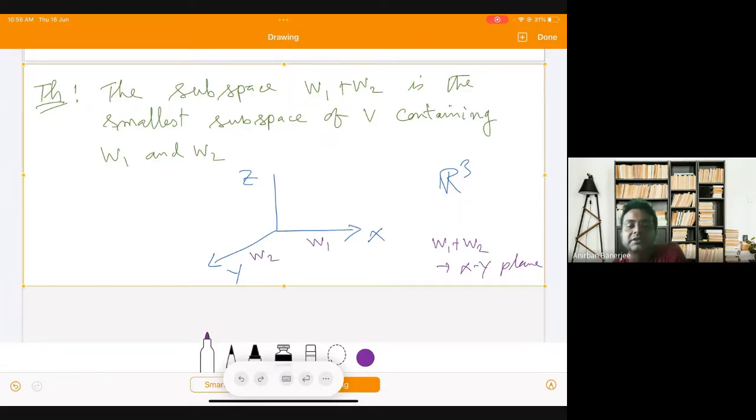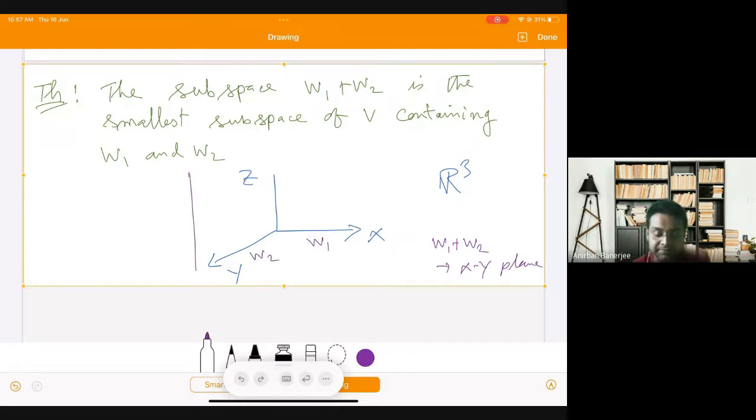On the other hand, the xy plane is a subspace of R3 which contains both W1 as well as W2. So though R3 itself is a subspace of R3 which contains both W1 and W2, the xy plane also contains W1 and W2. So the xy plane is the smallest subspace of R3 which contains both, W1 plus W2.